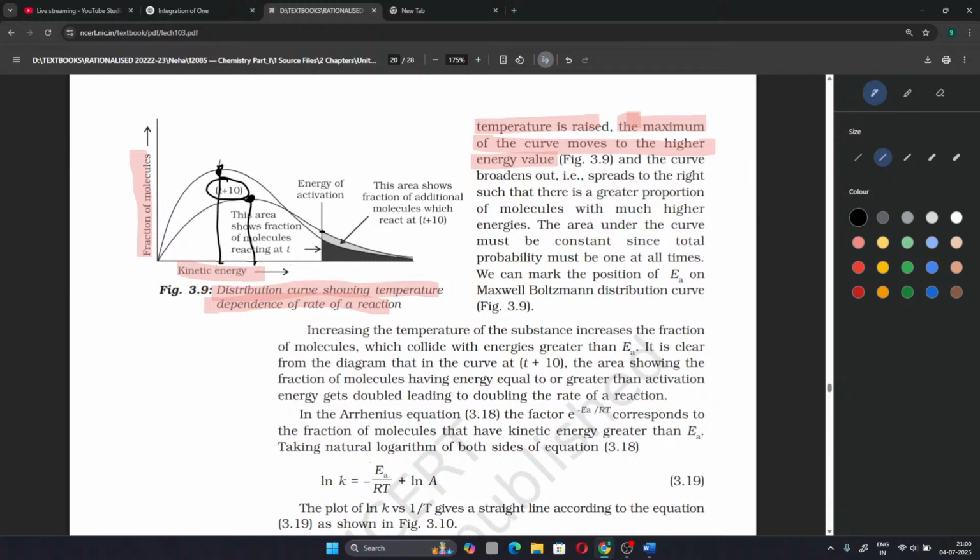The most probable kinetic energy has increased, and the energy of activation seems to be also higher for this graph. For higher temperature, higher energy of activation is required. By seeing this graph, I think that is the case.